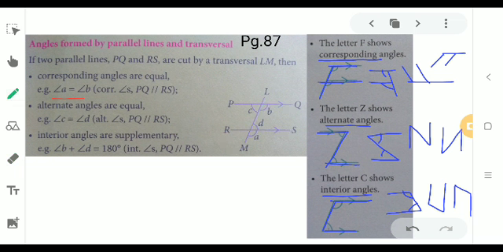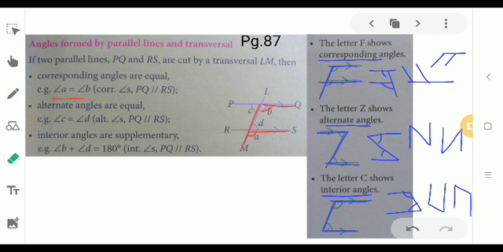As we know before, corresponding angles form the letter F. So A and B. Where is A? This is A, and this is B. This is the letter F, right? So we have corresponding angles, so the size of angle A and angle B are the same.